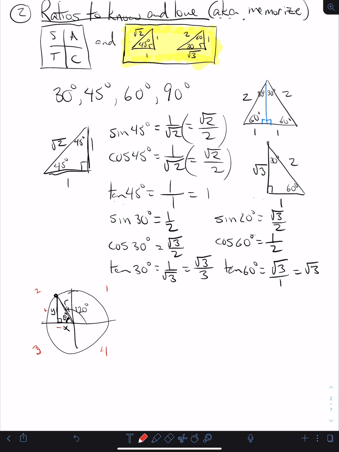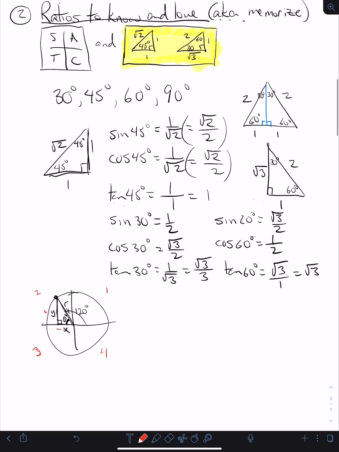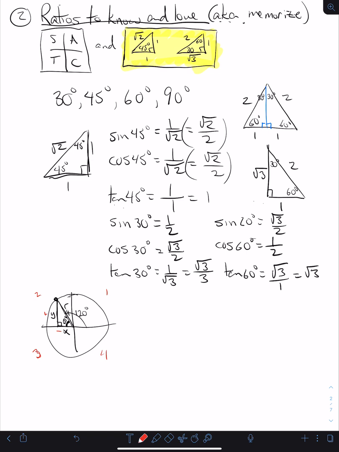Well, in this area, for example, the sine of 120 degrees is opposite over hypotenuse, so it's y over r. So it's positive over positive, radius always being positive. So it's going to give you a positive ratio, and it's going to be the same ratio.